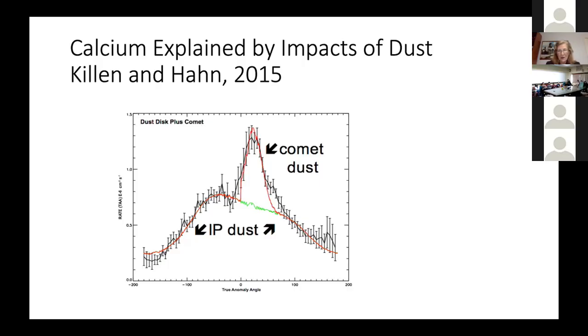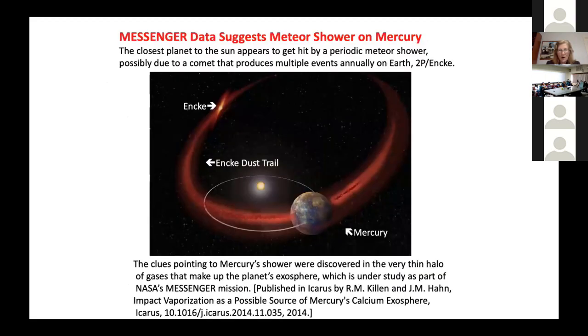And the model shows that you should get a calcium that follows the red curve, except along this green line here from dust. And there's this huge increase there. And we found out that that particular area is where Comet Encke's dust trail crosses Mercury's orbit. And I thought this is just the coolest thing. You can see from the data where you're crossing the interplanetary dust disk and where you're crossing Encke's dust trail.